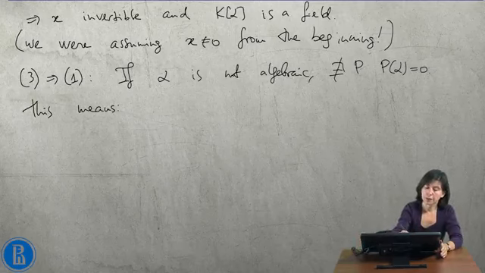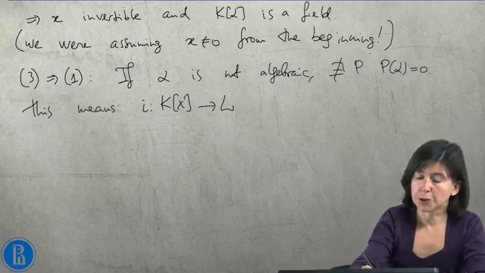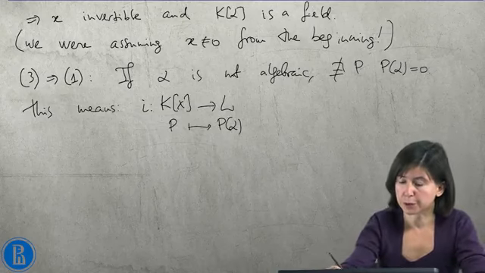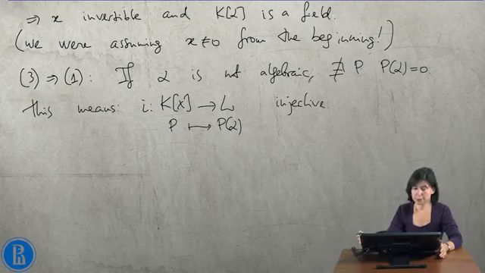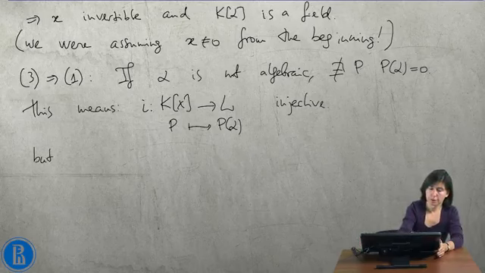This means that a natural homomorphism, let me call it i, from K[x] to L, which sends P to P of alpha, is injective. But K[x] is not a field.